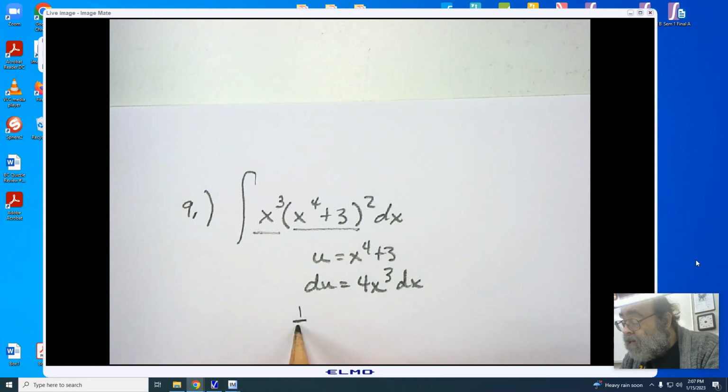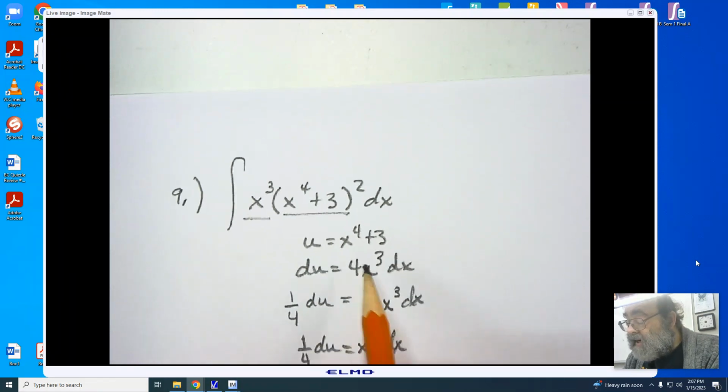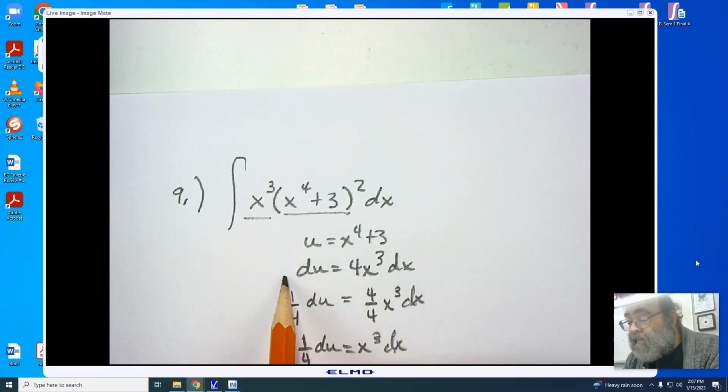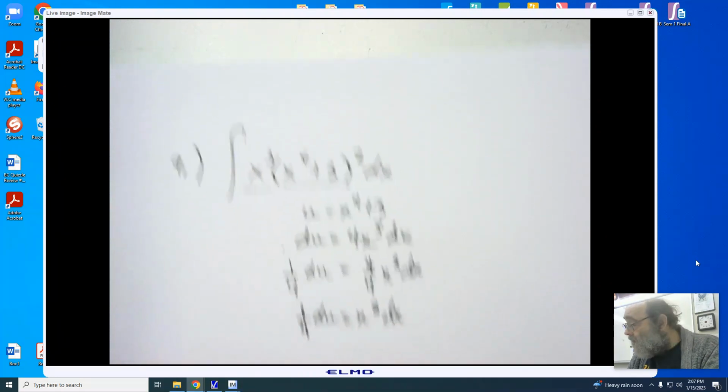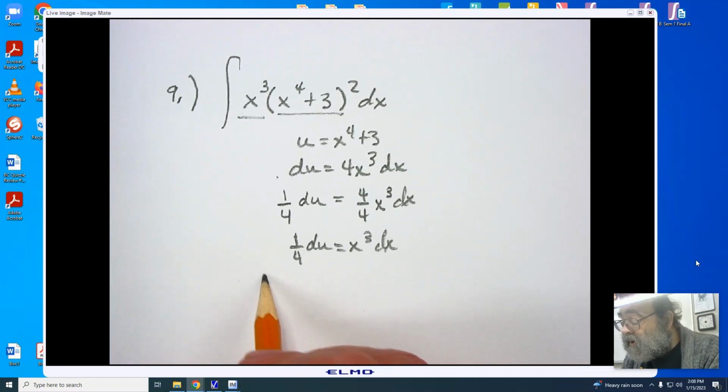So we're going to do 1/4 du equals 4/4 x cubed dx, and it gives me 1/4 du equals x cubed dx. So the idea is to take this value and simply move it over as a fraction. We're now going to go ahead and do our substitution.